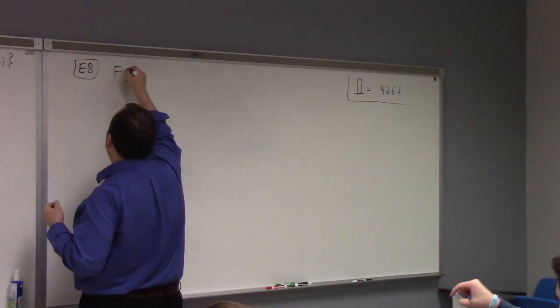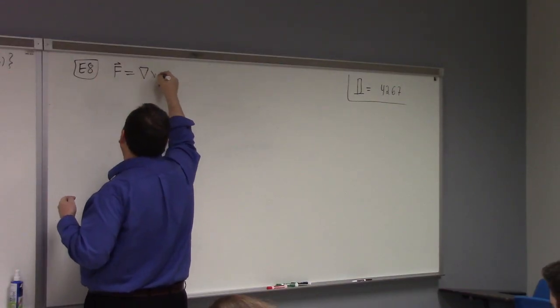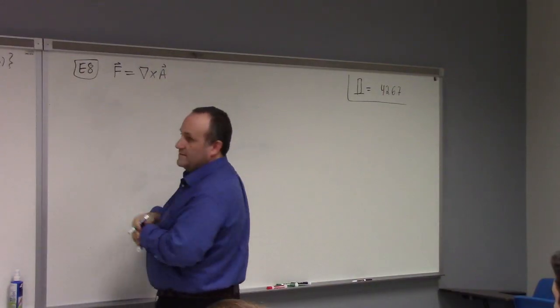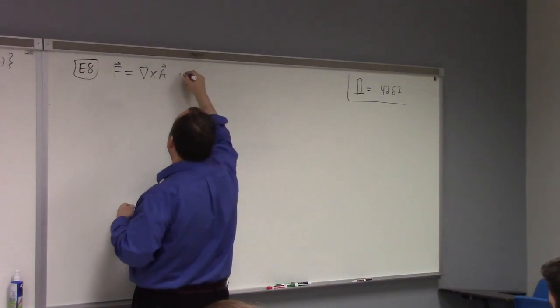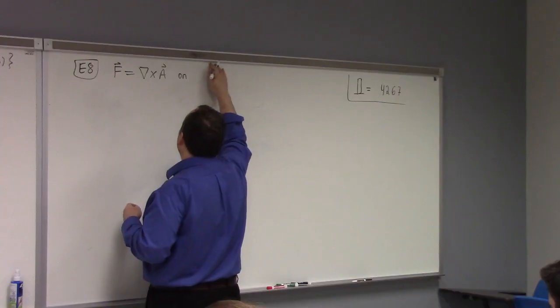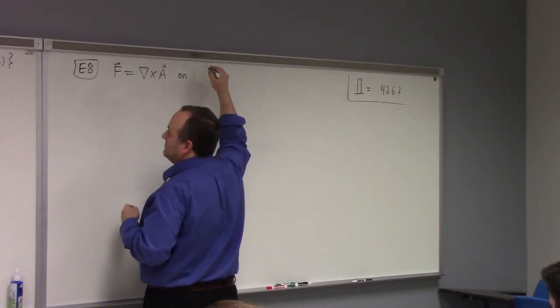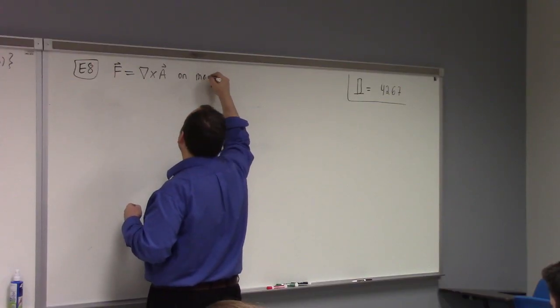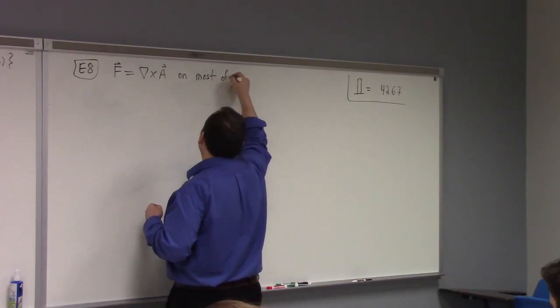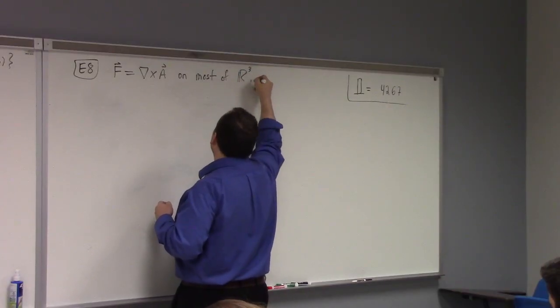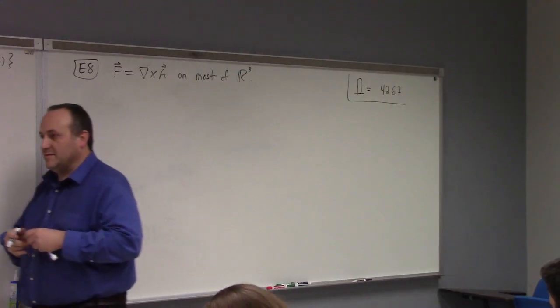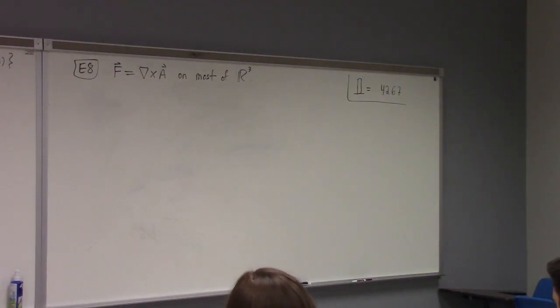So we're trying to find f equal to the curl of A on most of R3. I forget what I said in the statement of the quiz. Hopefully I was judicious in my choice of language.